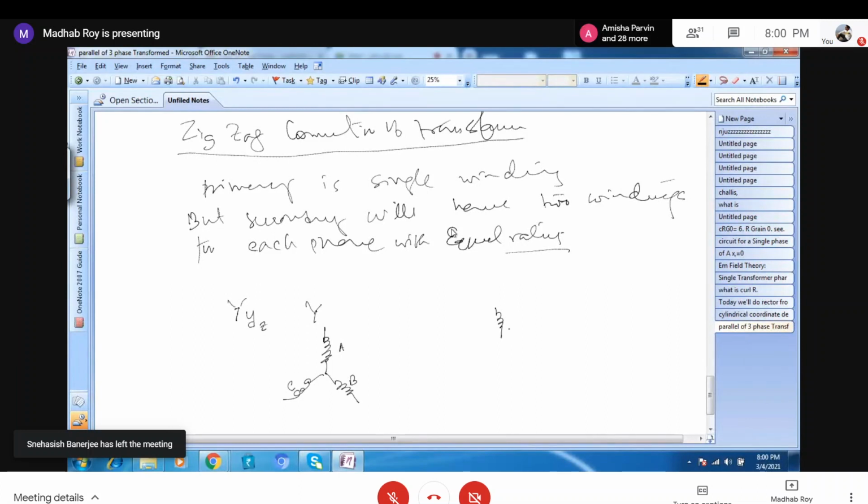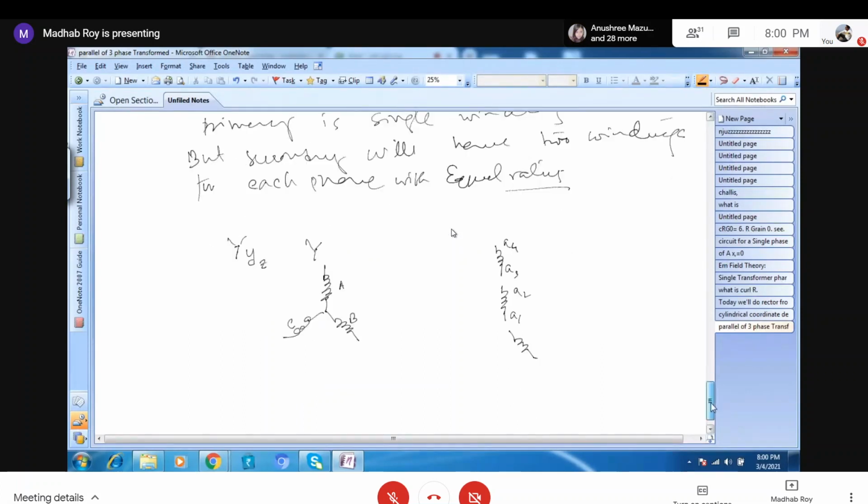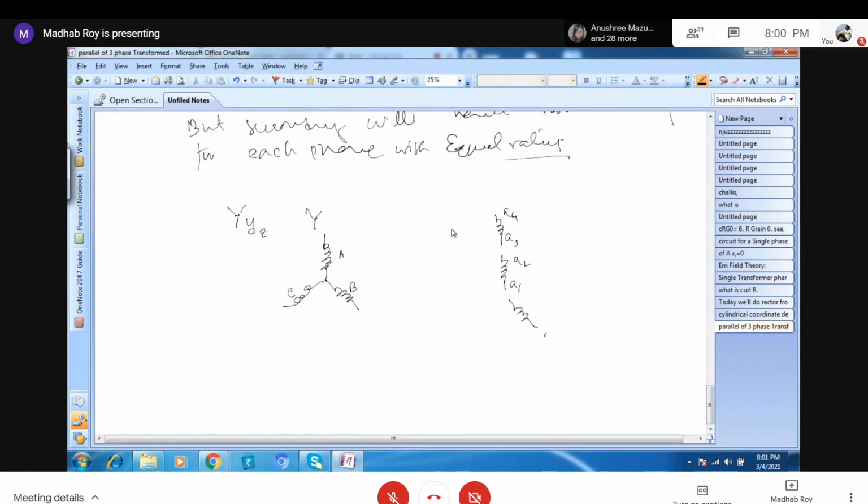One is the A3, A4, another will have the A1, A2, and similarly another will have the B, will be two windings, and this will be the B1, B2, this will be the B3 and B4, and all will be dot here. Polarity of this will be like this.